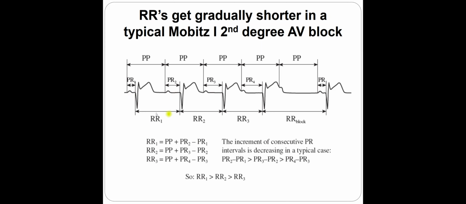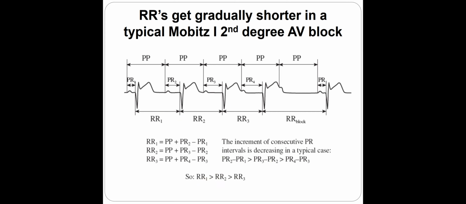That should give you the RR1 interval. Similarly for the other one, and because PR2 minus PR1 is bigger than PR3 minus PR2, this is why RR1 is bigger than RR2, and so on.